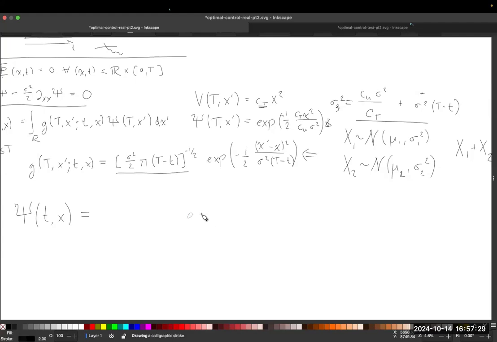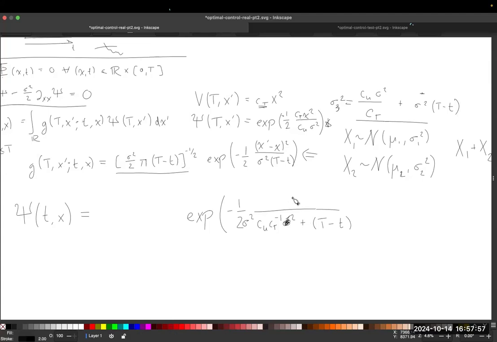So we can write that out, minus 1/2, and then I'm just going to plug that variance in down here. So Cu Ct inverse sigma squared. Actually, let's just write that out, with sigma squared out here, because we can factor it out, times T minus t.